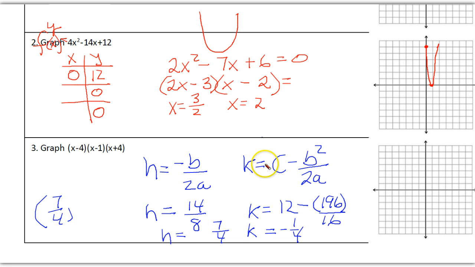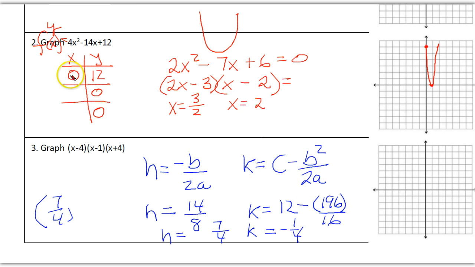And our y value for the minimum would be taking our c, which is 12, minus b squared over 2a. b squared is 14 squared. Negative 14 squared is a positive 196.